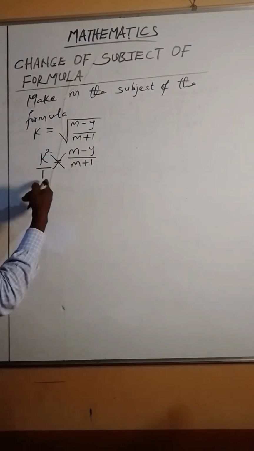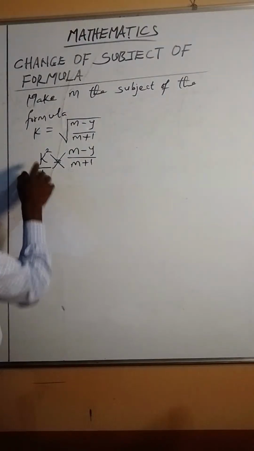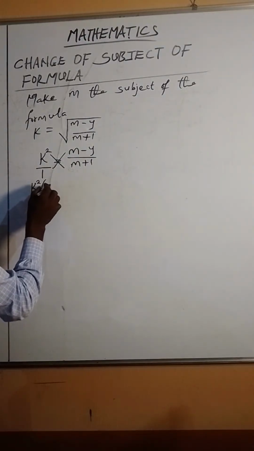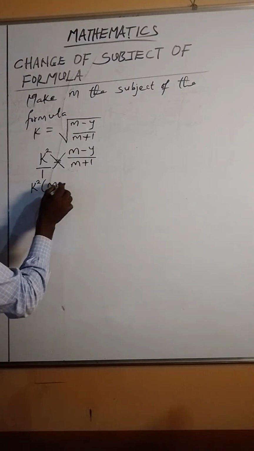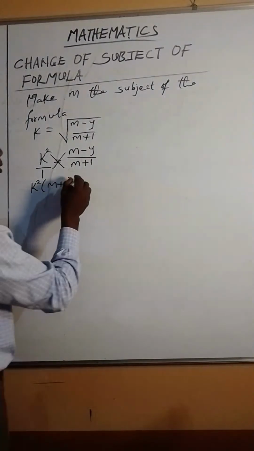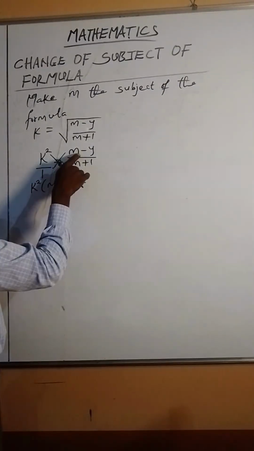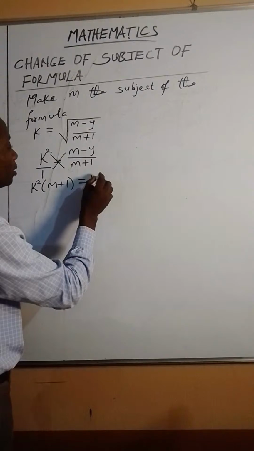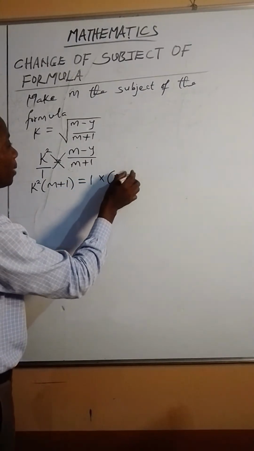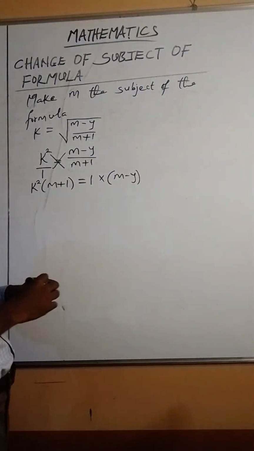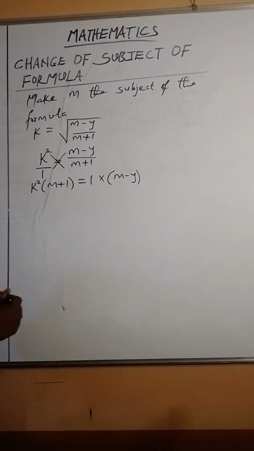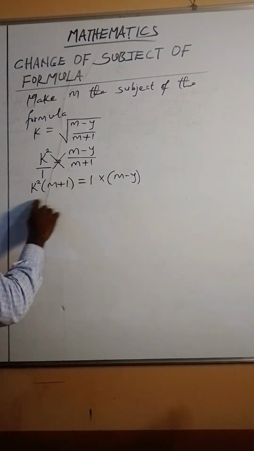When we cross multiply, we are going to have k squared, then open brackets, m plus 1. Then here we have 1 times open bracket m minus y. Then we can open the bracket.